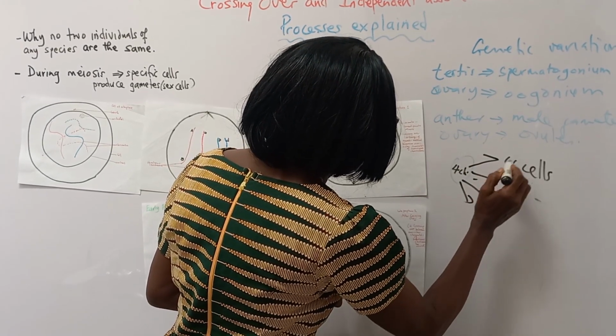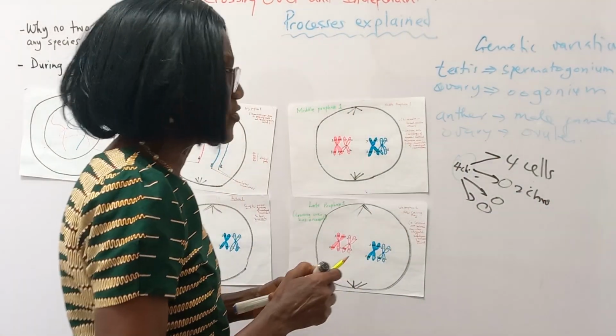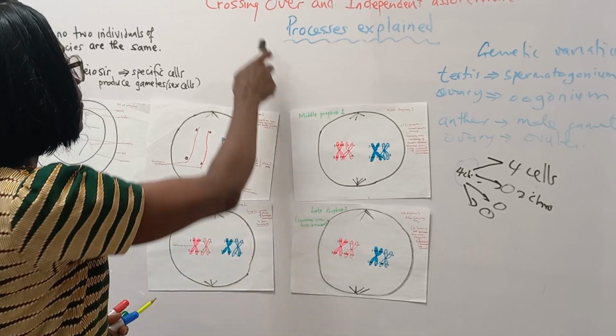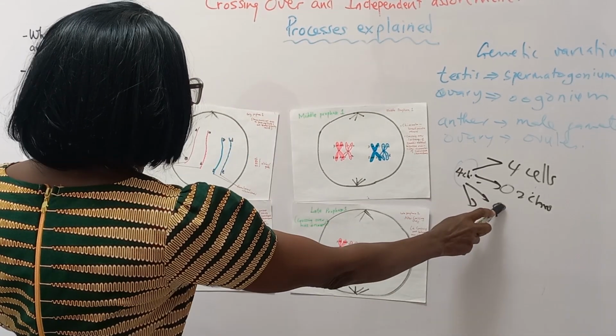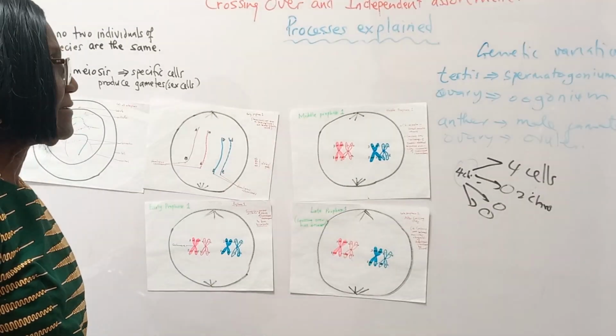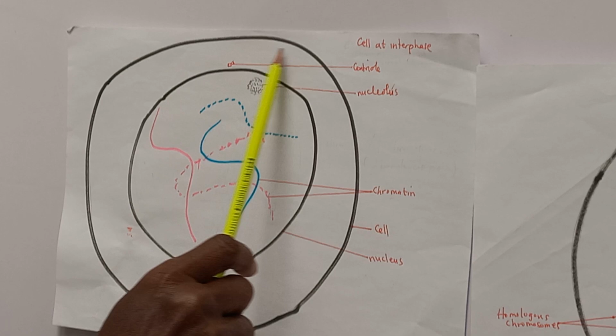Meiosis will produce cells with 2 chromosomes, half the number of chromosomes, and they are the gametes. So what happens during the production of the gametes is what we are going to look at that brings about genetic variation.